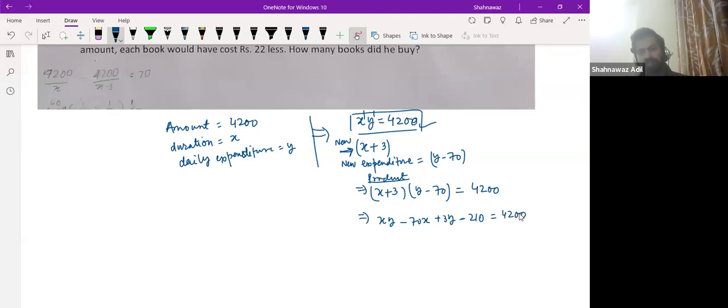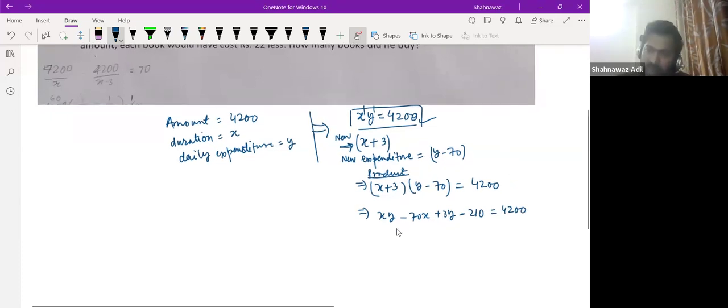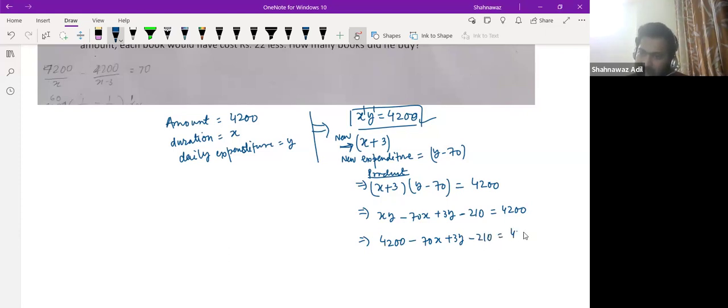The xy value we know, xy is 4200, minus 70x plus 3y minus 210, which is 420. This one cancels, and we have a linear equation: minus 70x plus 3y minus 210 equal to 0.